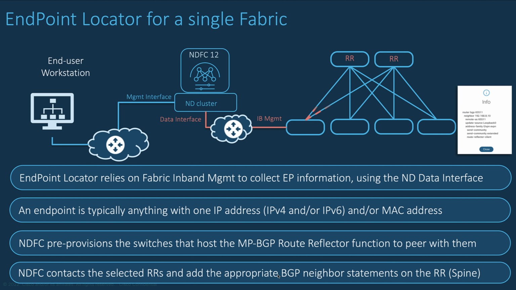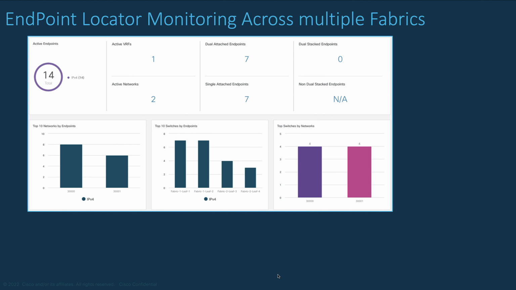It will automatically configure the route reflector to establish the connectivity between the route reflector for the in-band management network and the reachability information of the external IP address allocated for the EPL under the Nexus Dashboard cluster data interface settings.